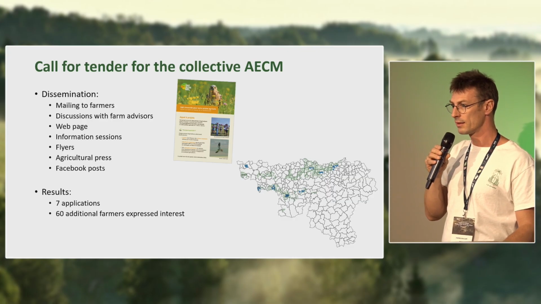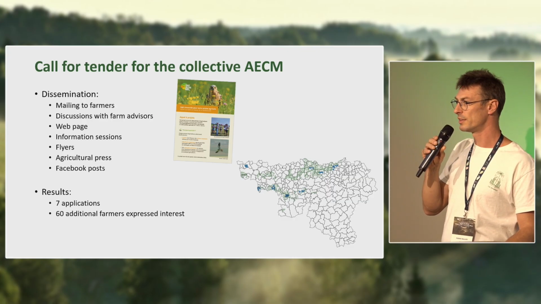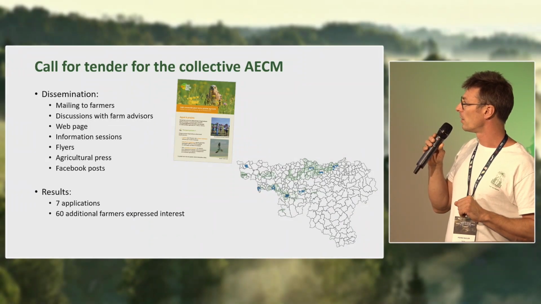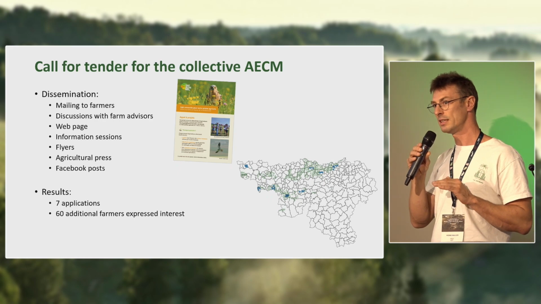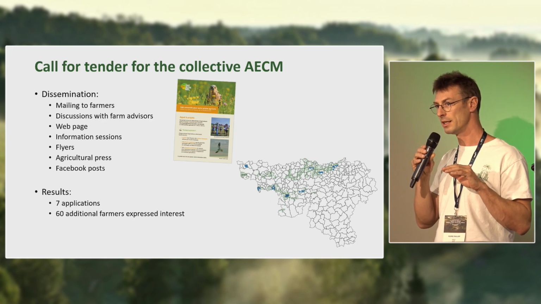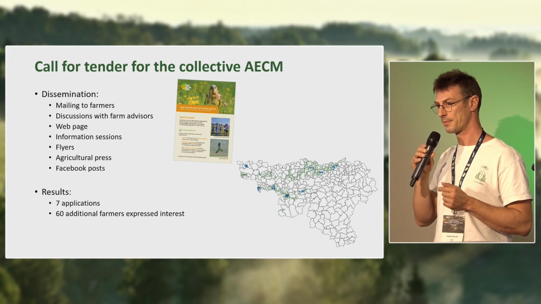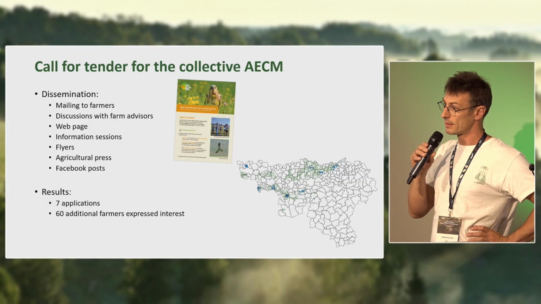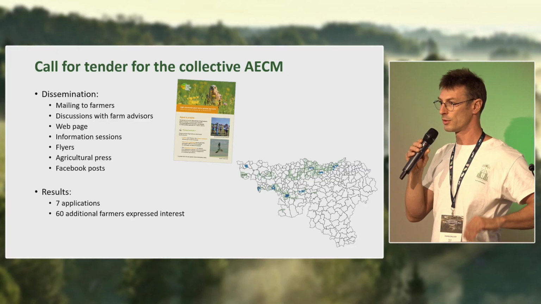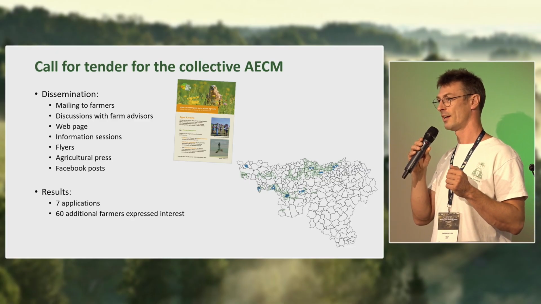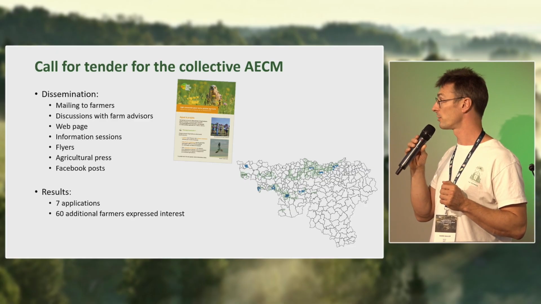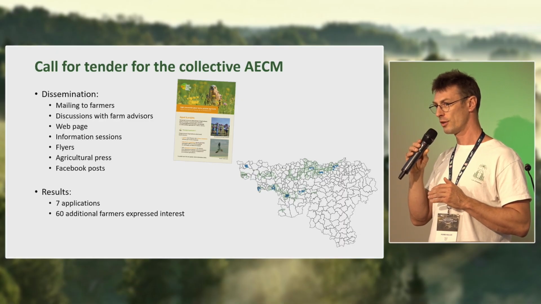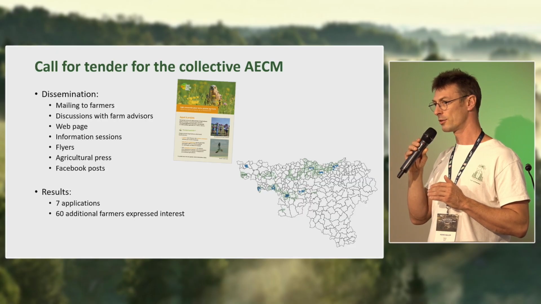And this worked pretty well, since 60% of the farmers opened their mails, and about 70 farmers called me or sent me an email after opening it. Many farmers talked about this project with the farm advisor, so the personal contact of the farm advisor was really important in this context. And we created a web page that some farmers visited, but not so much.